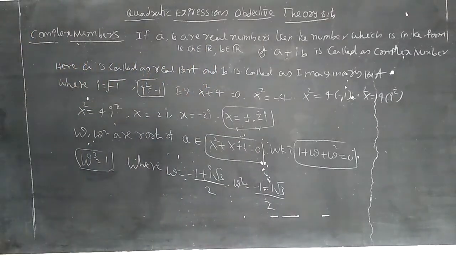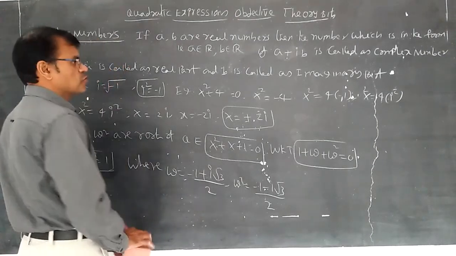Here you observe minus 1 plus and minus 1 minus. Whenever a plus ib and a minus ib form is there, the two numbers are said to be conjugate.